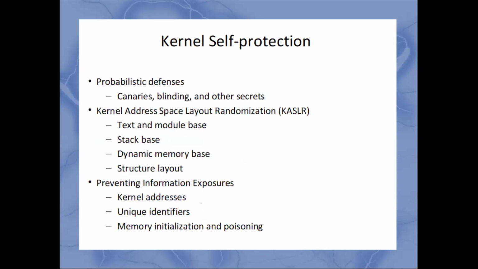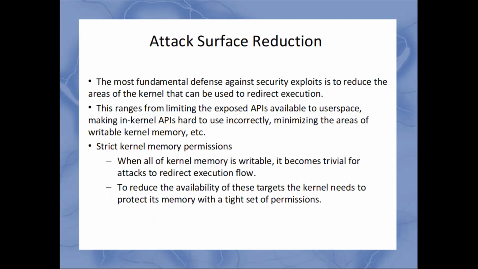Then we'll look at some probabilistic defenses, randomization of address layout, and how we can prevent some information from being exposed to the user application. So let's look at each of these items one by one.